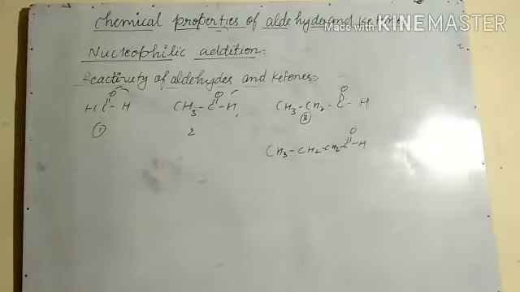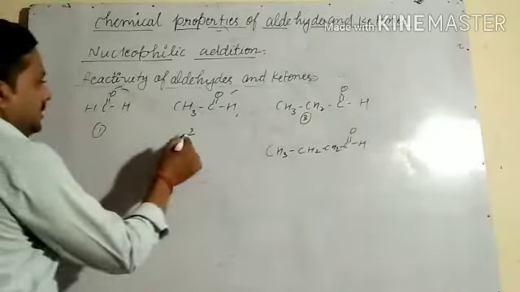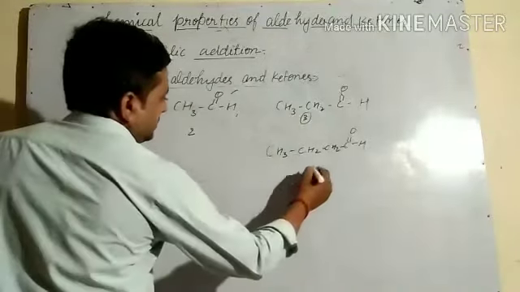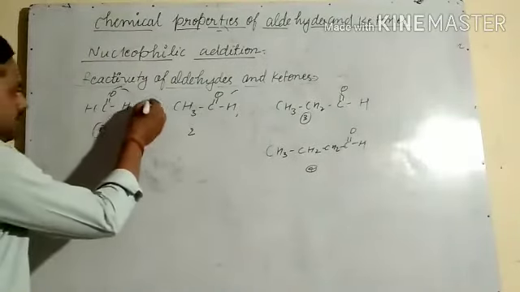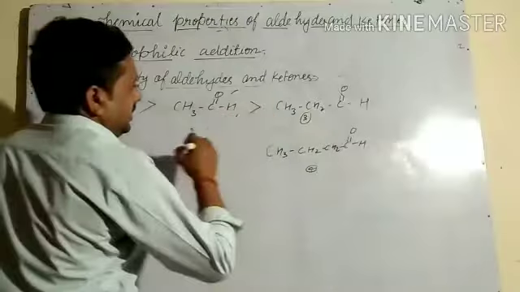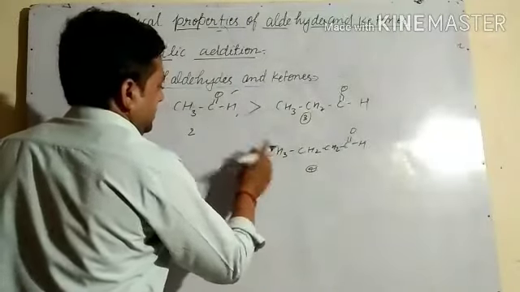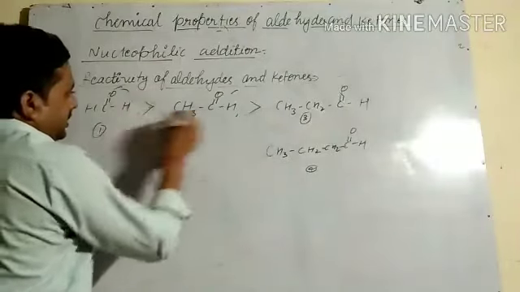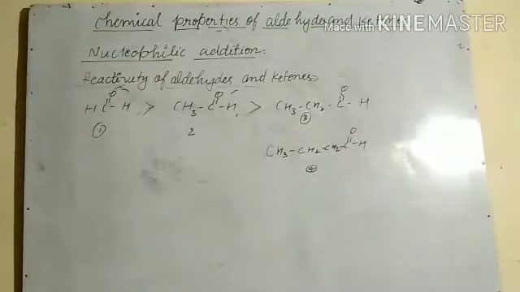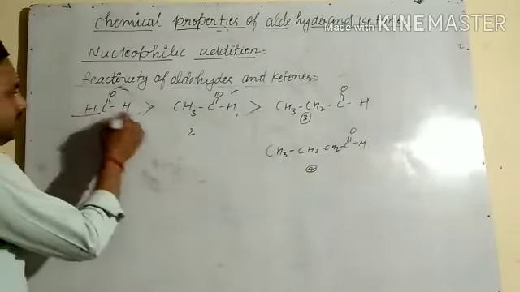I have taken one example: this, that, and that. If I ask you to arrange these in decreasing order of their reactivity towards nucleophilic addition, it will be like this. There is no alkyl group in that one.